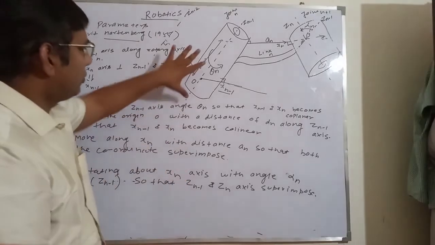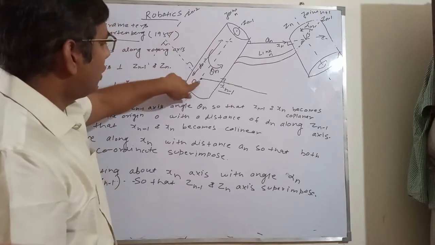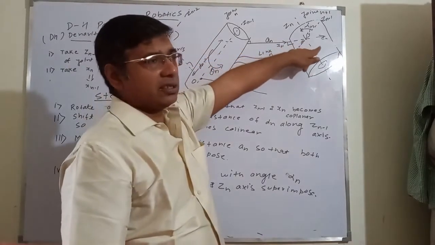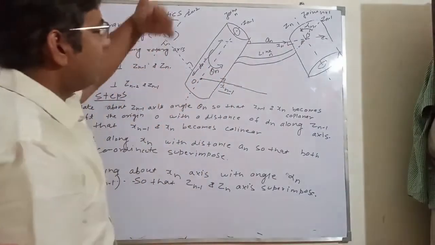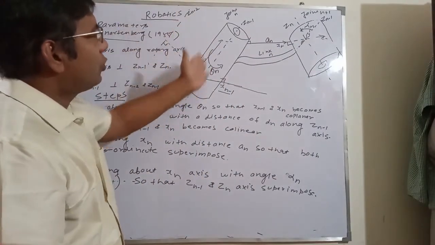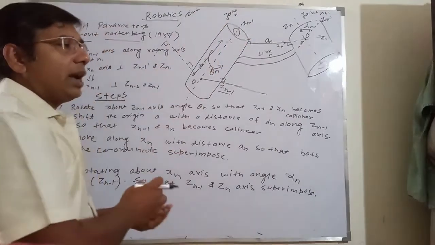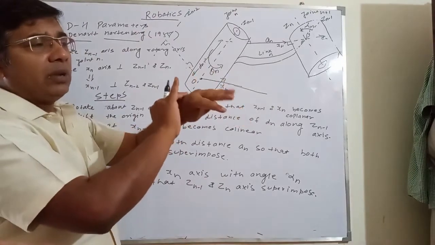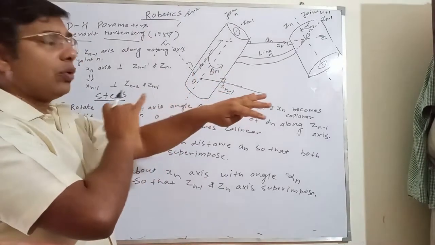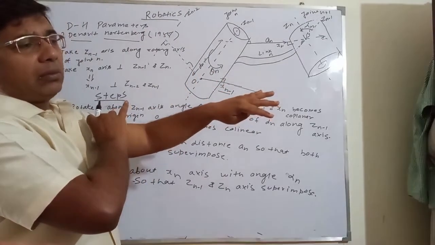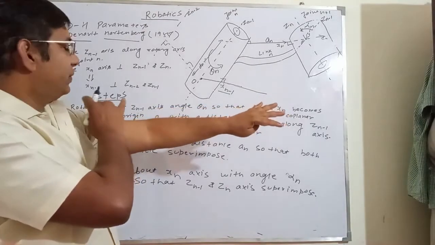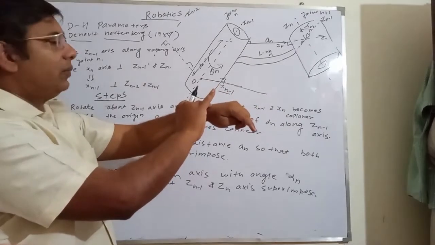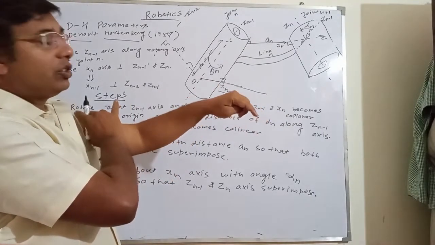We can see how to transform from one coordinate system to another coordinate system, and in this way we can take it further, 1 to 2, 2 to 3. Suppose in the end effector, with 6 degrees of freedom, we want to know the frame of reference. Then we can write the position of this one according to the end effector frame of reference.